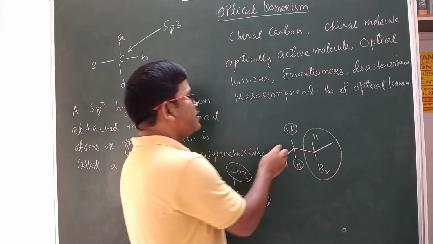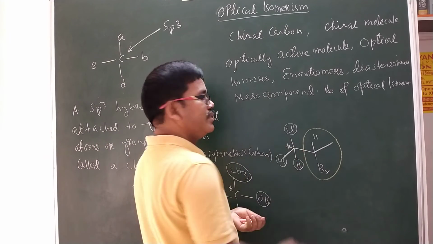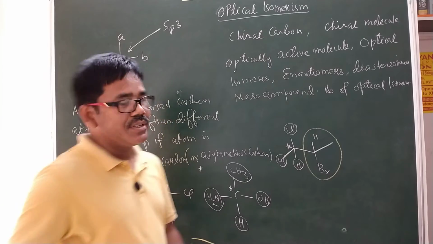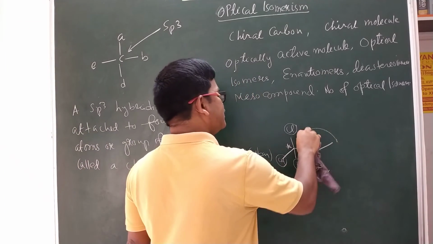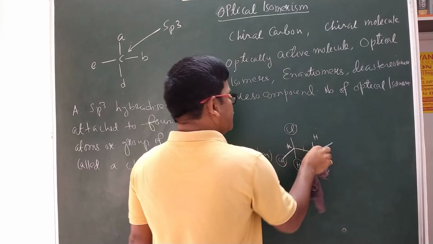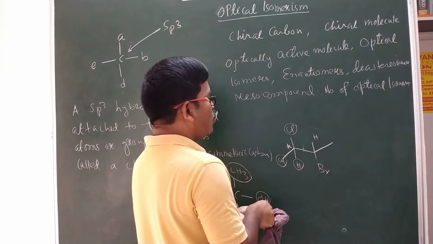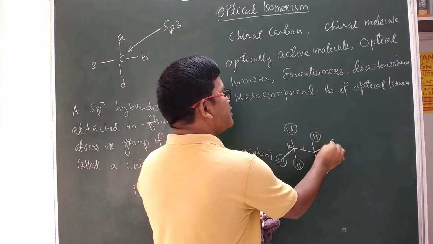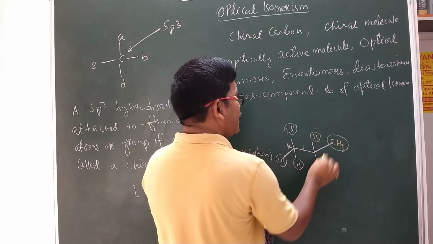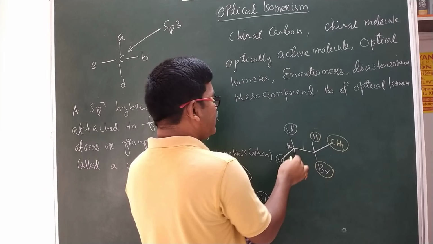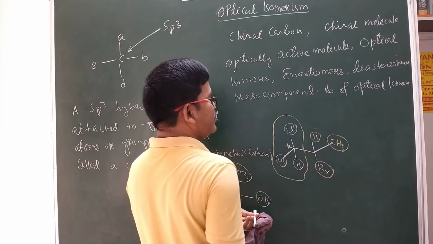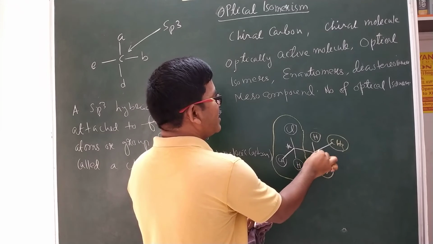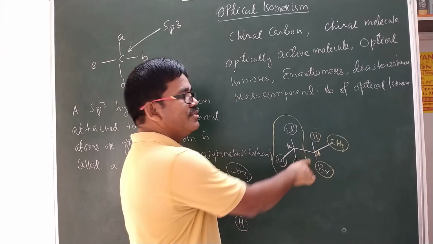Therefore, this carbon is also chiral. Similarly, now we come to the next carbon. If I consider this carbon, one is hydrogen, another is CH3, another is bromine, and the last one is this part as a whole. Therefore, this carbon is also chiral.